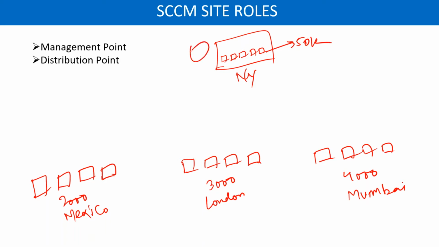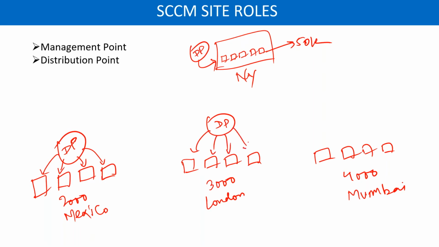So you have a distribution point here which is serving these 50,000 devices. You will have a distribution point here which will serve these devices, another distribution point which will serve these devices, and this distribution point will be in Mumbai, which will serve these devices. So each location will have a distribution point. What does a distribution point contain?